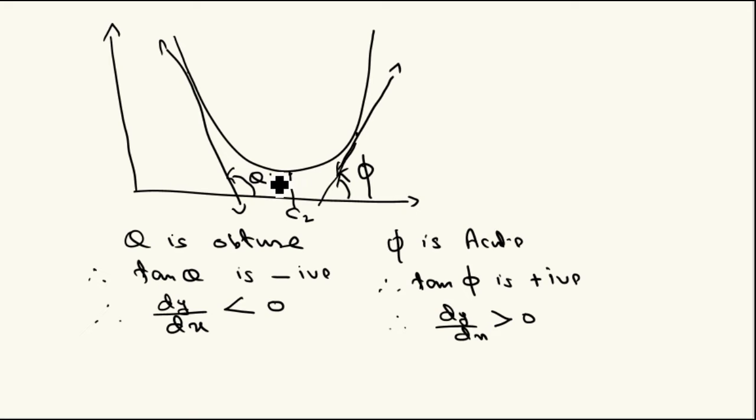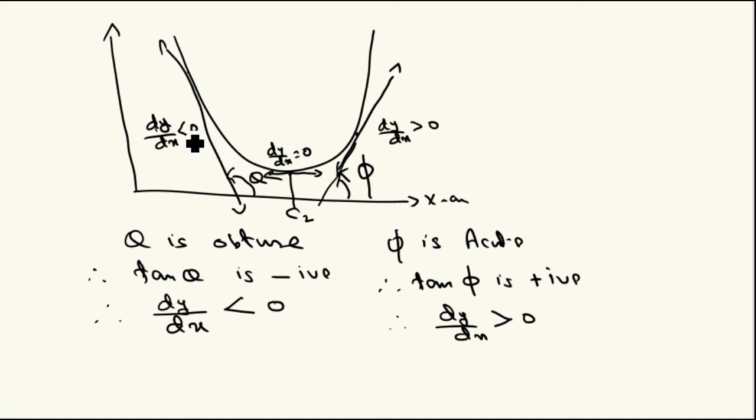When you take a tangent here, we can see that it is parallel to your x-axis. Therefore, dy by dx equals 0. So dy by dx is changing from negative to positive. Here dy by dx is negative, here dy by dx is positive.